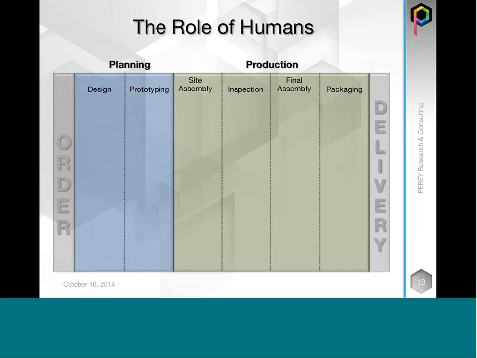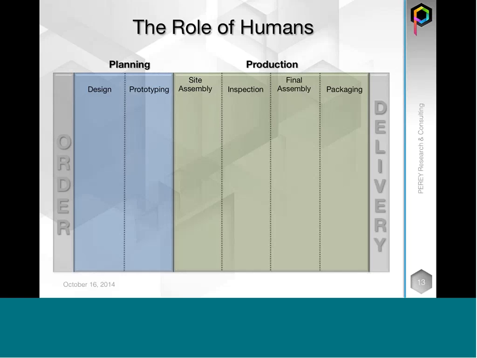On the far left, I mentioned that there's ordering, and there are a lot of sophisticated and intelligent machines and commerce systems behind the scenes that are working for people to place orders just in time and long in advance even.